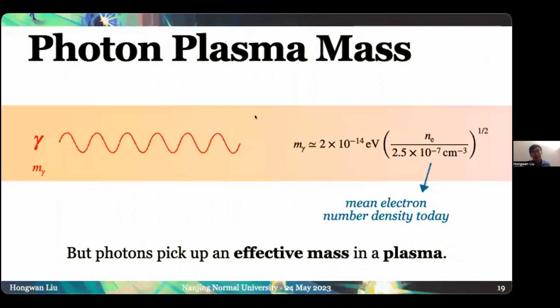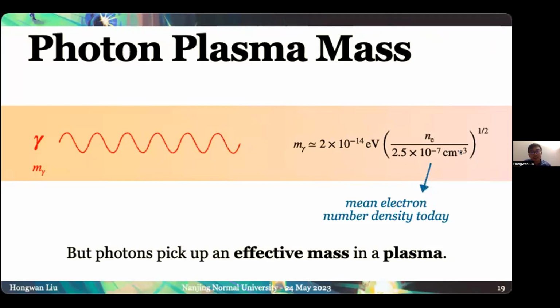But like I said, if you look at what's happening when photons travel to us in outer space, it travels through a very weak plasma. And if we ask what is the plasma frequency, or equivalently for the purposes of this talk, what is the effective plasma mass of photons in the gas in outer space?